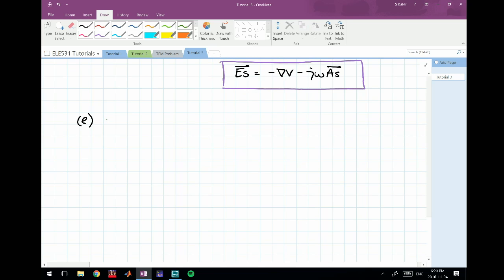So now what we want to derive is the frequency domain vector equation for the vector potential. Now everyone's going to sit here and look at me like, what the hell is this guy talking about? Like, we don't even know what this equation is.